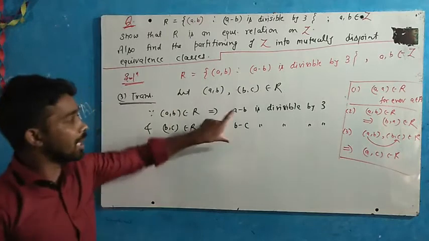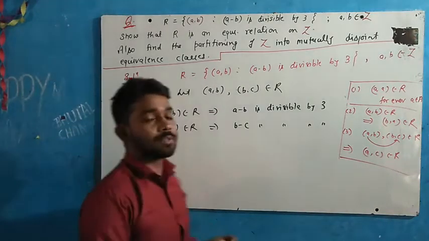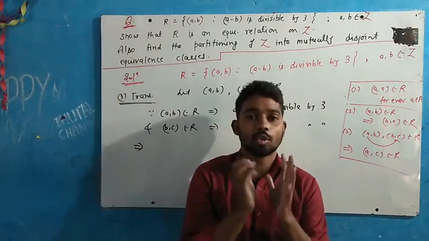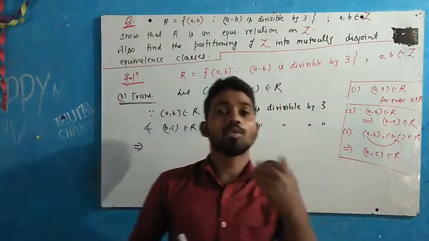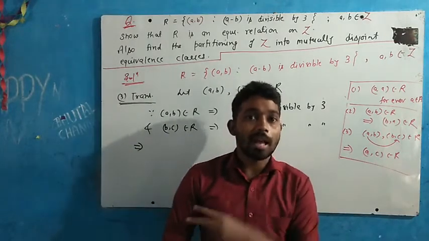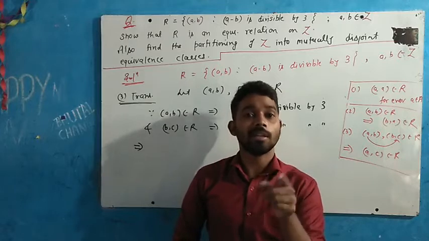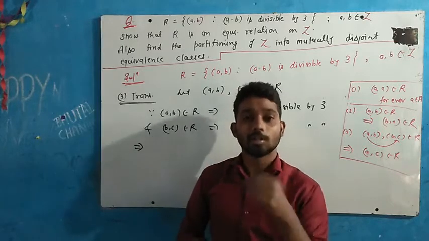Correct? So on behalf of these two statements we can say, as we know that if two numbers are divisible by 3, then the sum of these two numbers is also divisible by 3. For example, 12 is divisible by 3 and 6 is divisible by 3. Then the sum of 12 and 6 gives 18, and 18 is also divisible by 3.